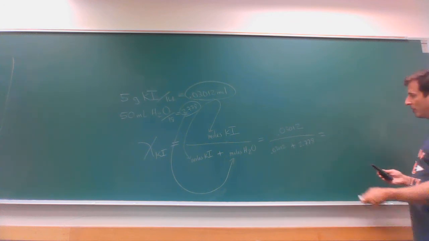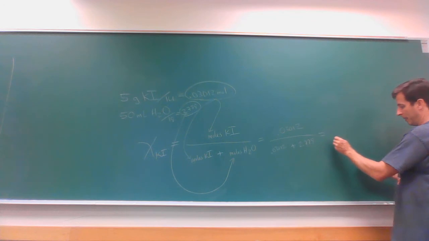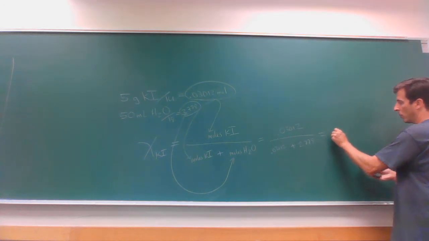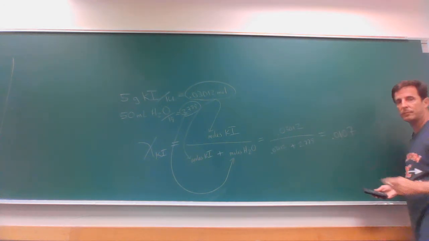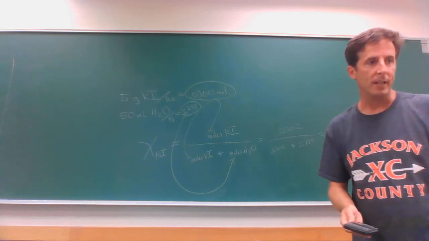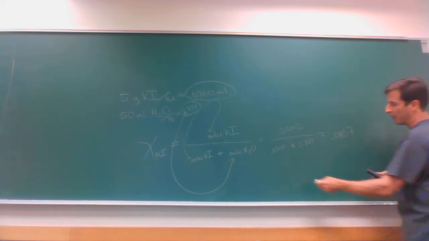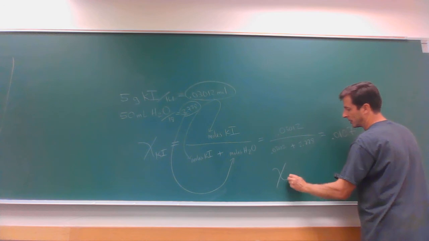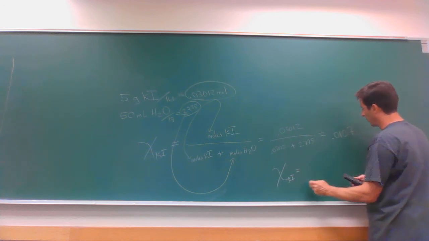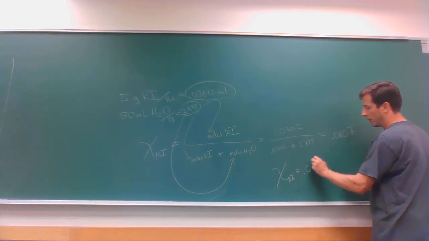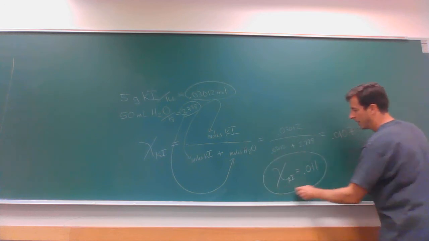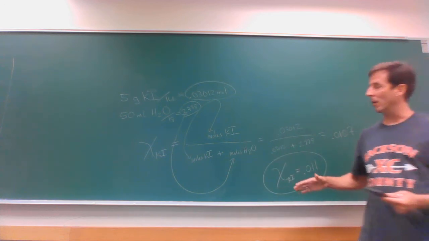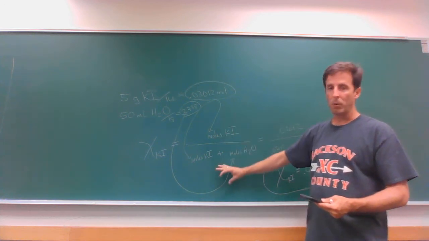And I got that the mole fraction of KI is 0.0107. Again, sig fig wise, it has 2 sig figs. So I'm going to write my answer. The mole fraction of KI equals 0.011. Now, this is a ratio, moles over moles.